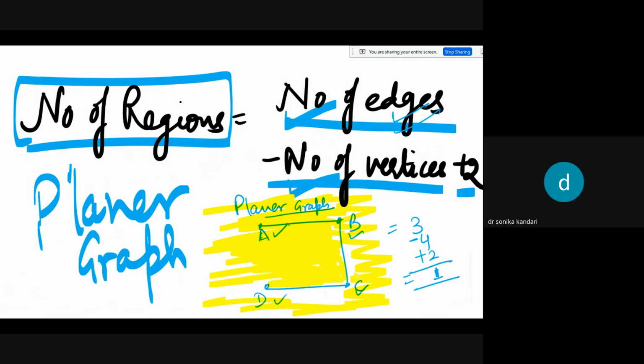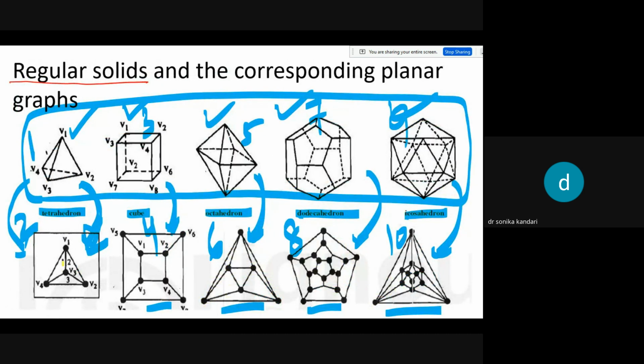Because there is no boundary separating. There should be some boundary. If there is some boundary, then we can say we are having more than one region. But if we are having no boundary, then there is only one region.